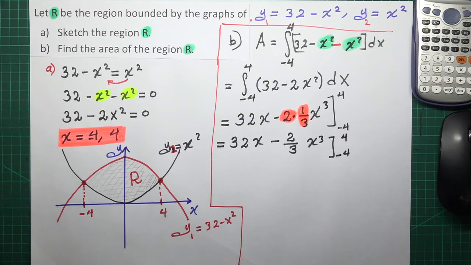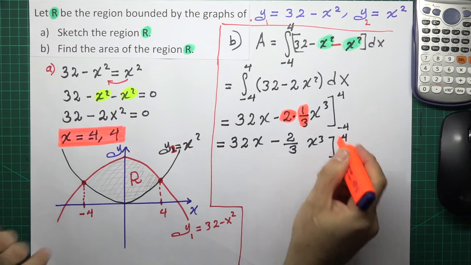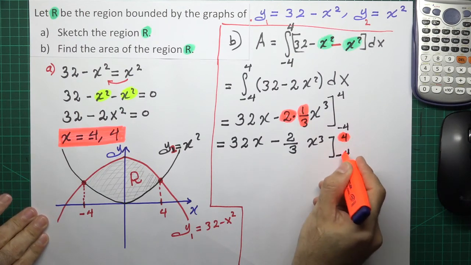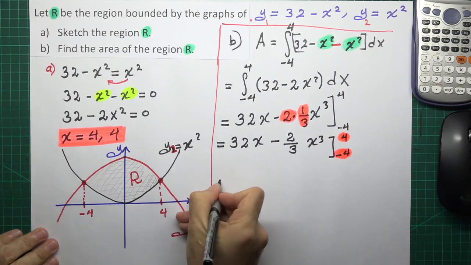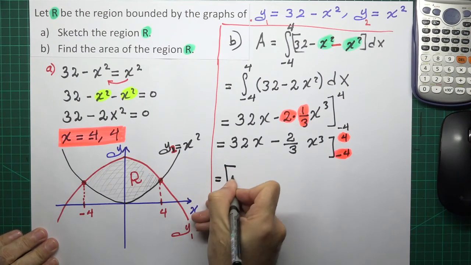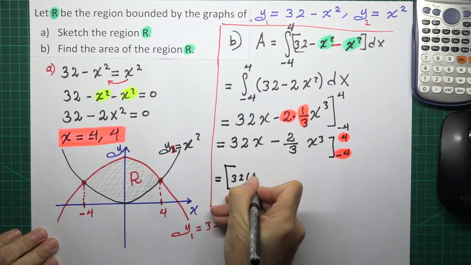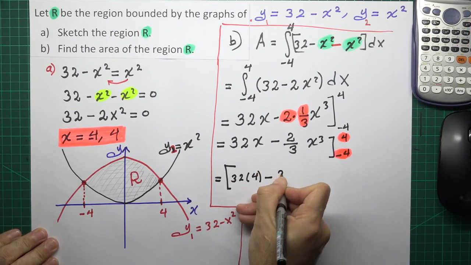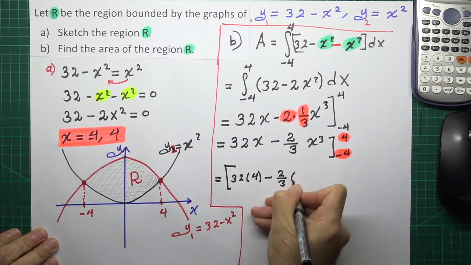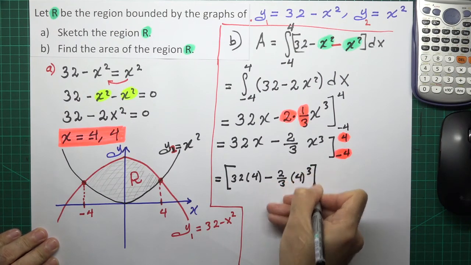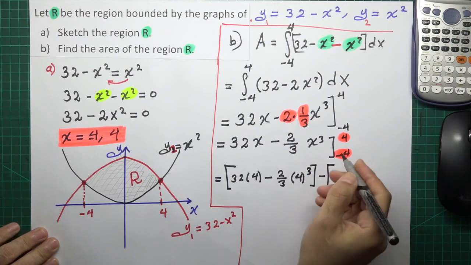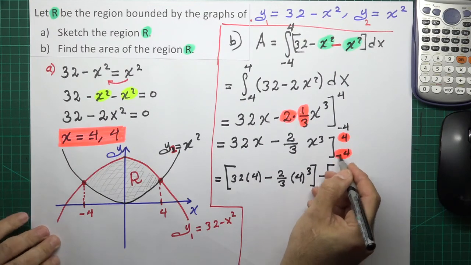Now it's the time for substitution. Plug in, replace, call it what you like. I will plug in 4 minus, I will plug in minus 4. So it will be 32 times 4 minus 2/3 times 4 to the power of 3, minus, now I am done with 4, it's the minus 4 term.